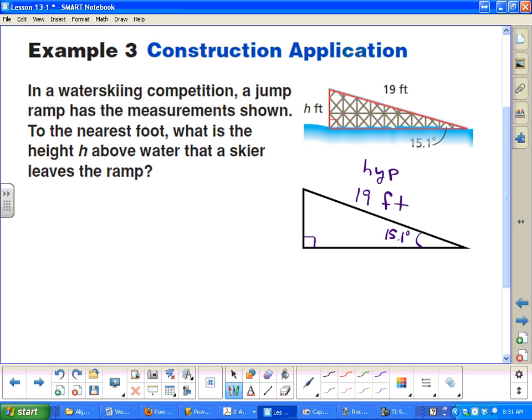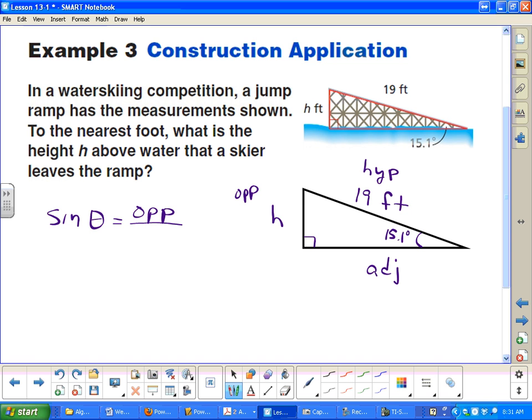This horizontal side here, since that helps make this 15.1 degree angle, that's the adjacent side. And the height that I'm trying to find over here would be the opposite side there. So since, once again, I'm dealing with opposite and hypotenuse, we're going to use the sine.